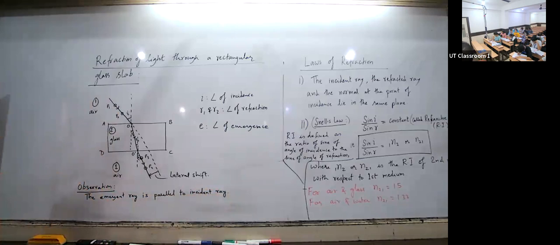What is the emergent ray? You can say O dash P4. O dash P4 is the emergent ray.